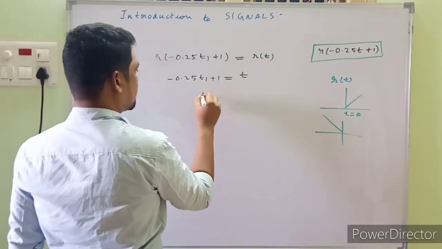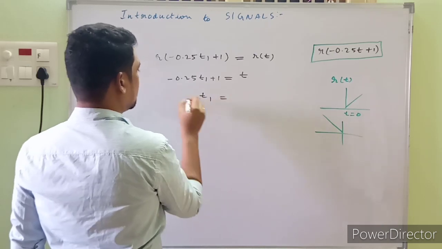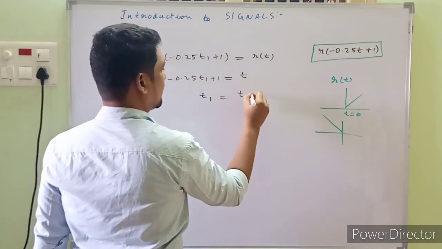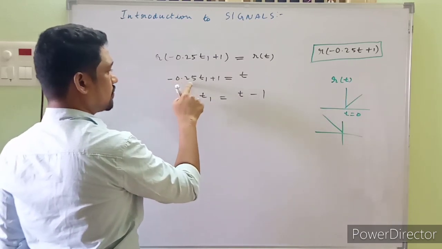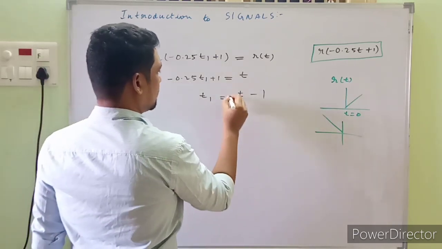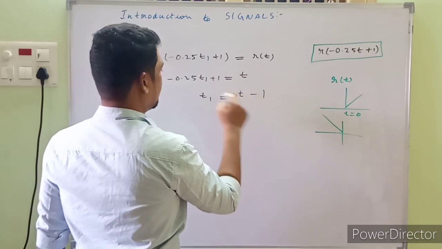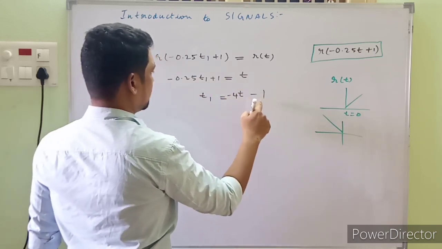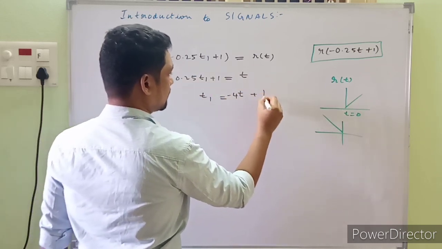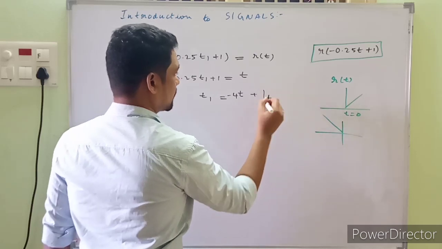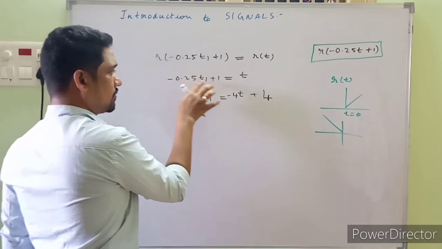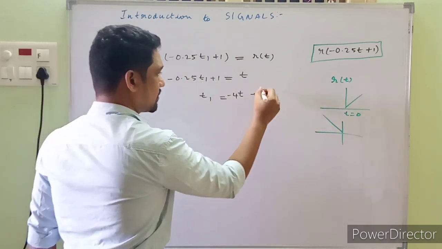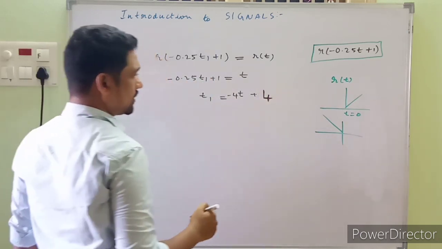What I have is t1 will be equal to t minus 1, and this negative 0.25 goes to that side, it's a negative 4, and negative becomes plus 4. When I drag minus 0.25 to this side, the resultant is plus 4.